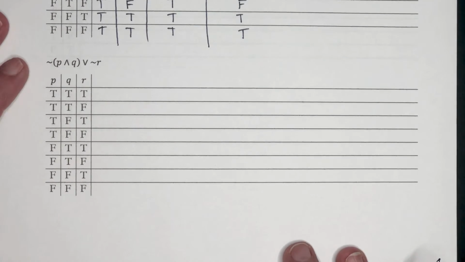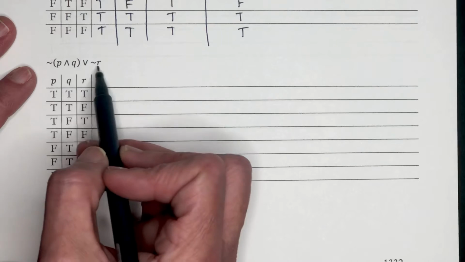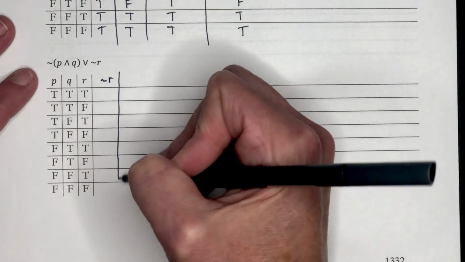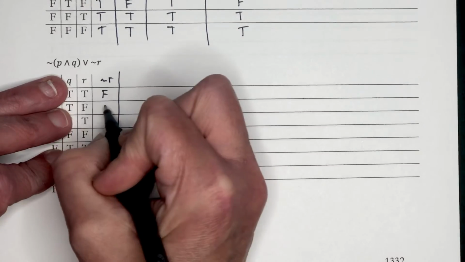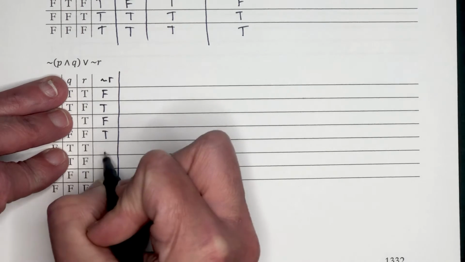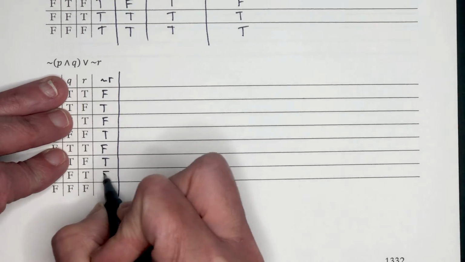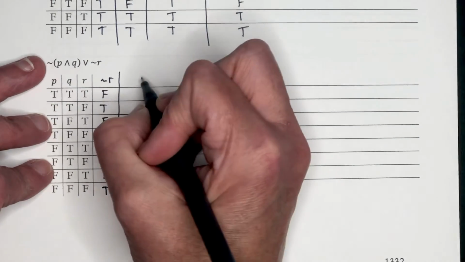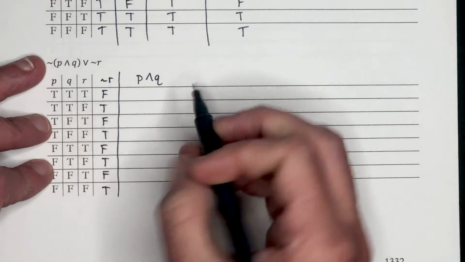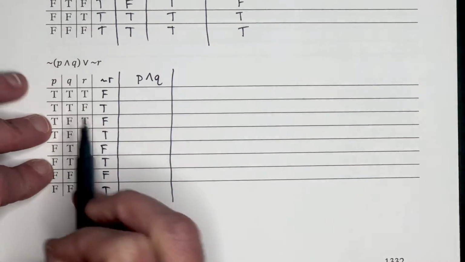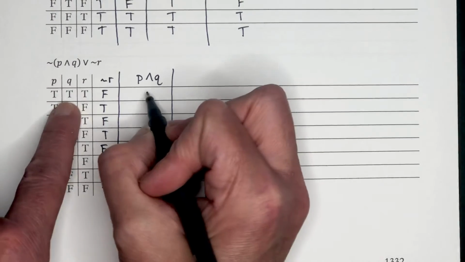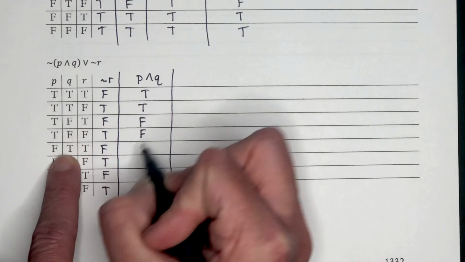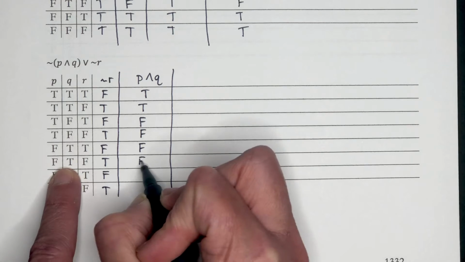This one, again, similar. I need a not R, so let's do that part first, not R. So that's going to be false and true alternating here. Okay, now I'm going to do the part in parentheses here, which is P and Q. So P and Q, that's true, and the rest will be false because they all have at least one false statement in them.